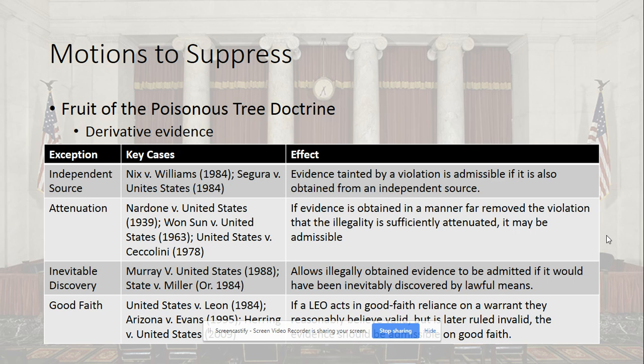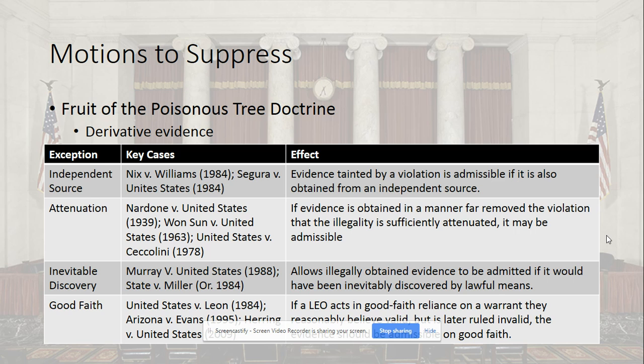But now that I know which kind of gun it was and what kind of shell casing it was, I can go get a different gun and a different shell casing of that exact same type and conduct ballistic testing with that and then use that in court and not be fruit of the poisonous tree because it's obtained from an independent source that was not illegally obtained.